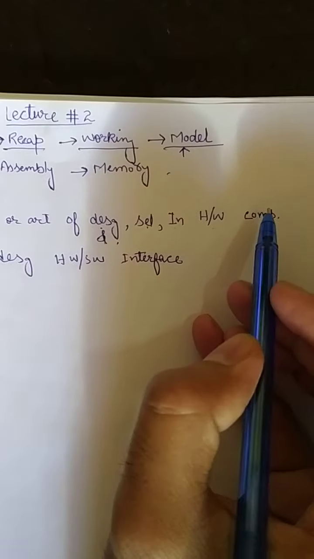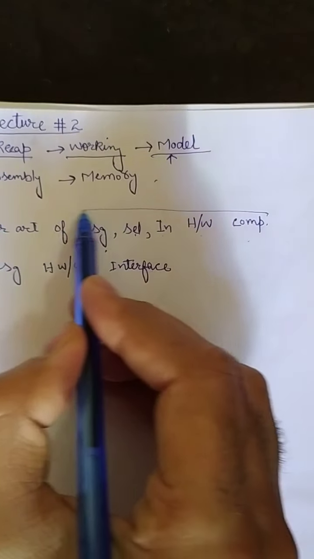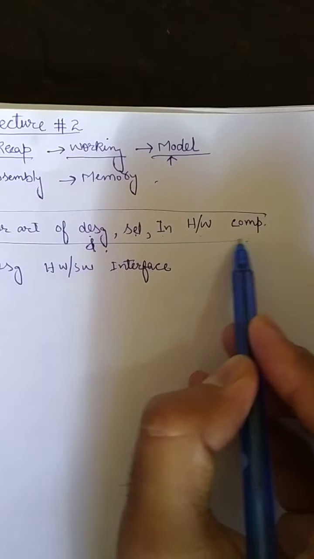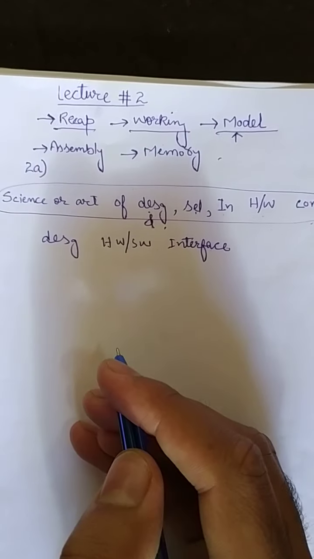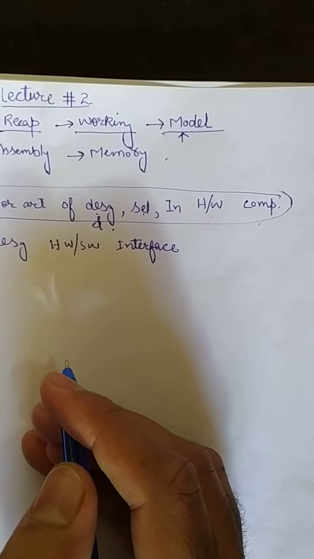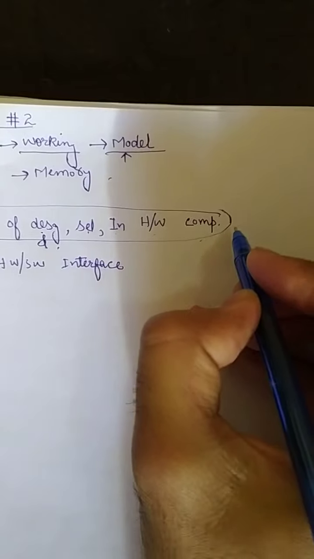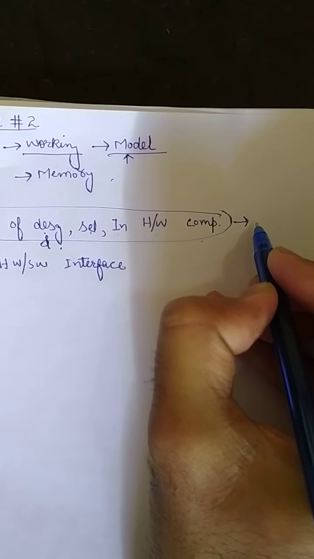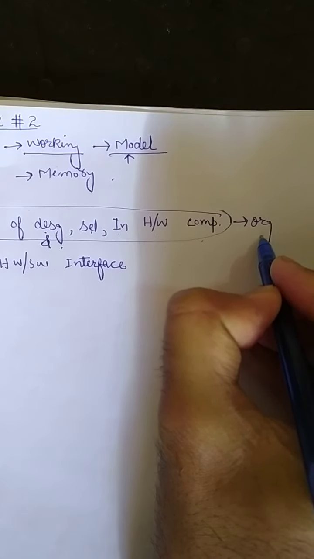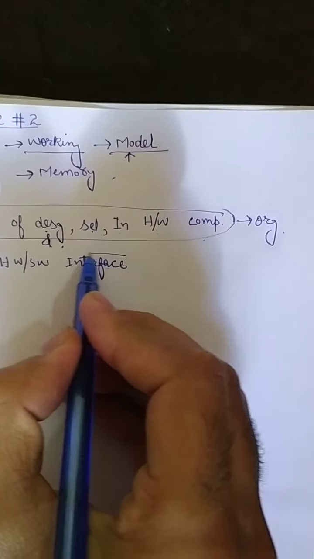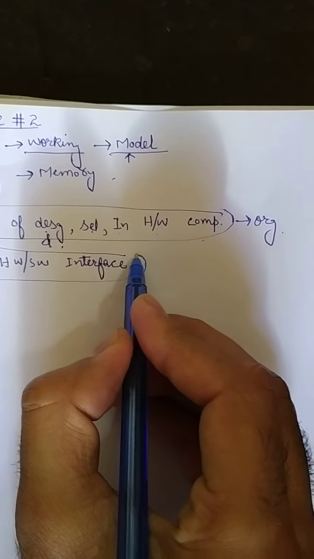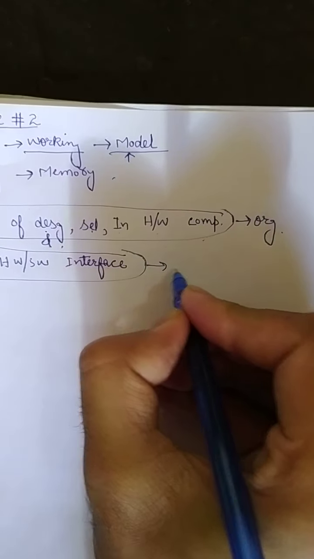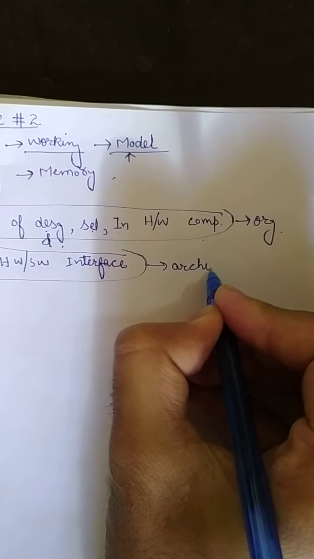The first part is called the organization. And designing the hardware software interface is called the architecture.